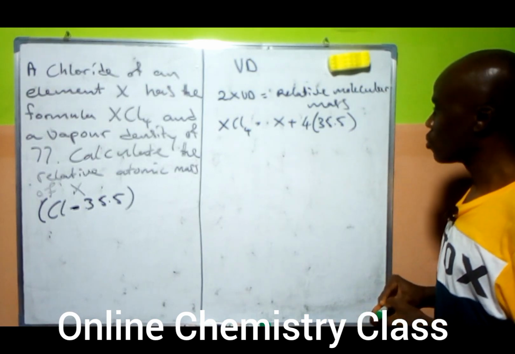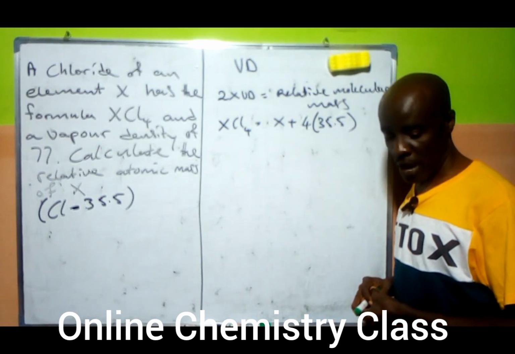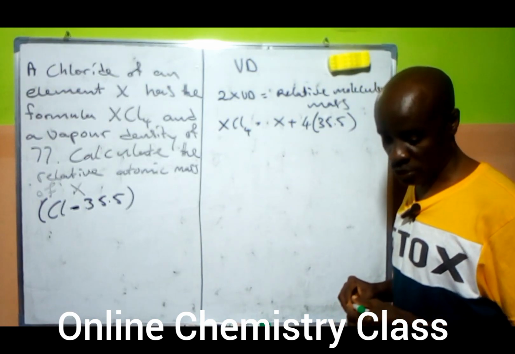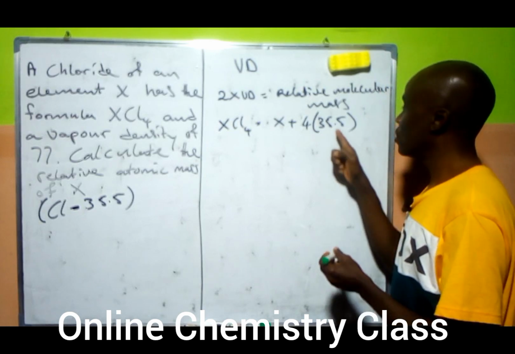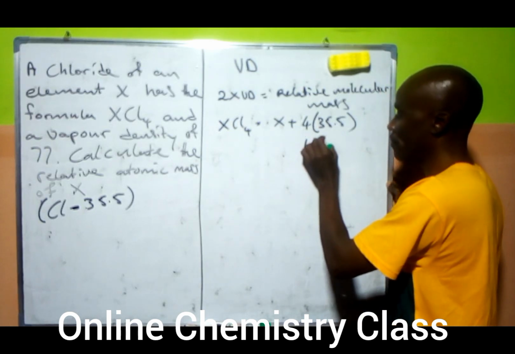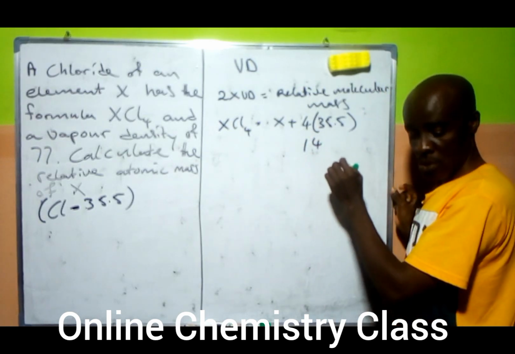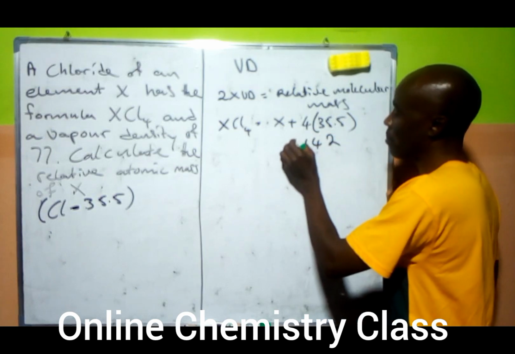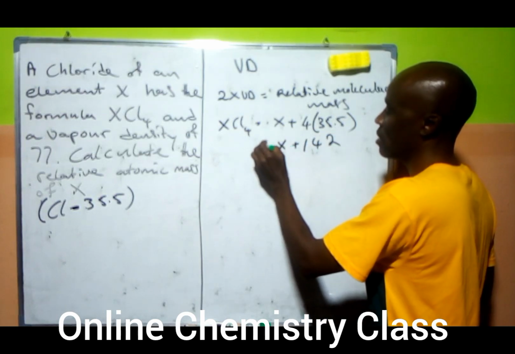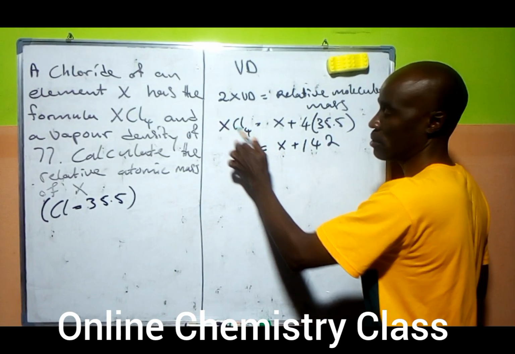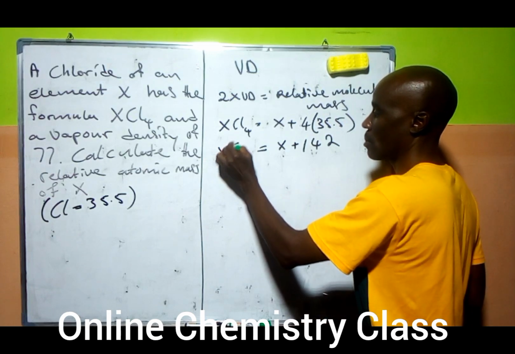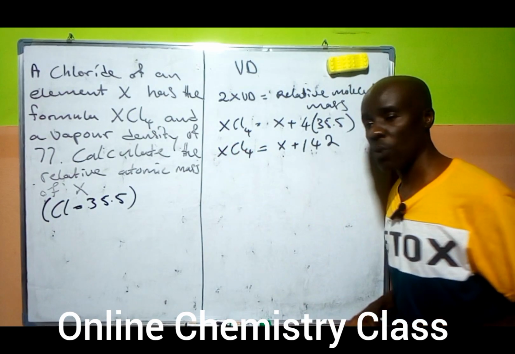Hope we are following. So when we multiply through, this will give us 142 plus X, equal to what?